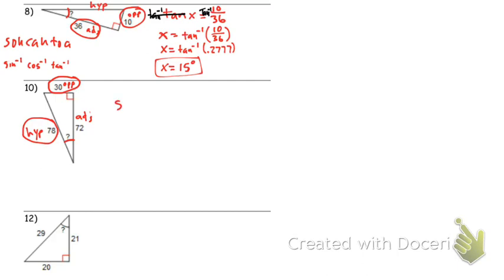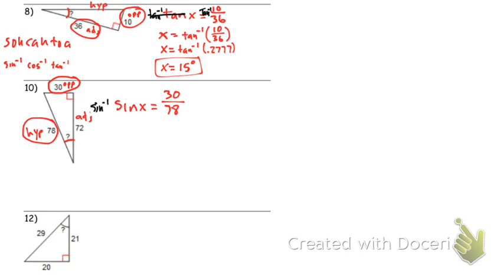So I'm going to write sine of my missing angle, which we call x, is going to equal opposite 30 over hypotenuse 78. Now we can solve for x. I need to get rid of sine, so I'm going to do inverse sine to both sides.